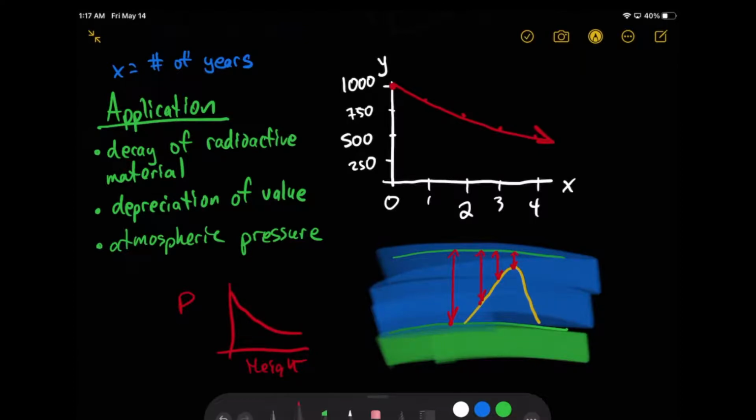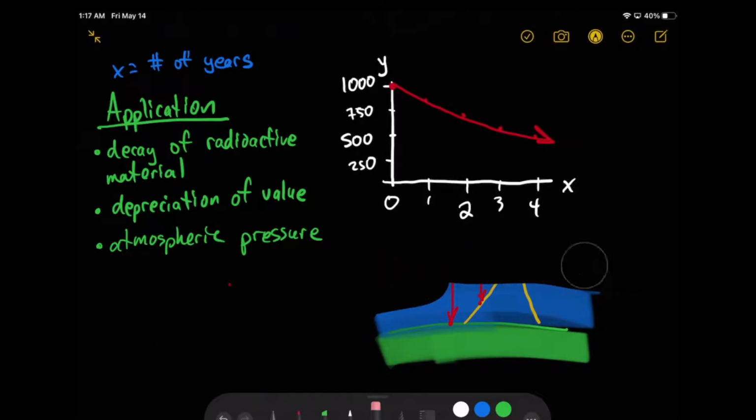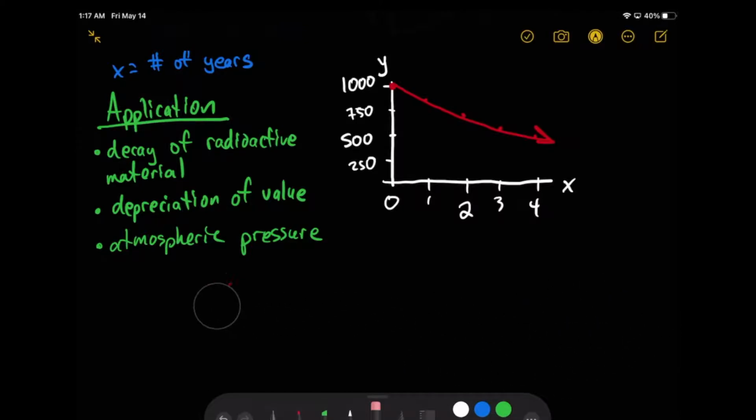So as you go, eventually you're going to have almost zero pressure in space. That is an example of exponential decay. We probably won't see any questions like that specifically, but just so you know, like, why do I need to know this? What is the point? What kind of stuff in my everyday life would be described by exponential decay? Dealing with pressure or air pressure and height is one example of that.